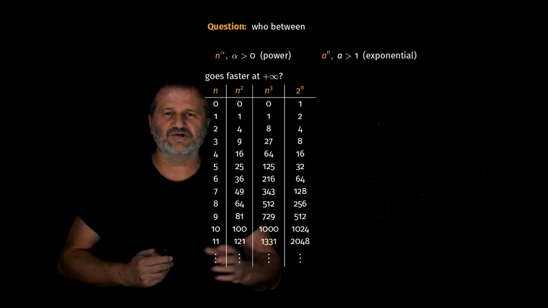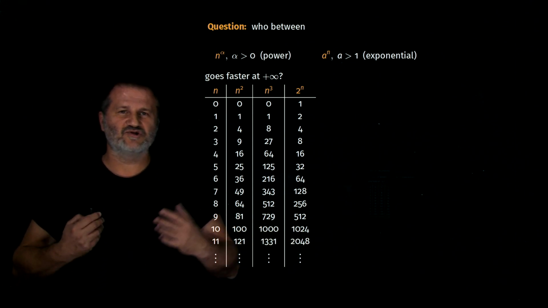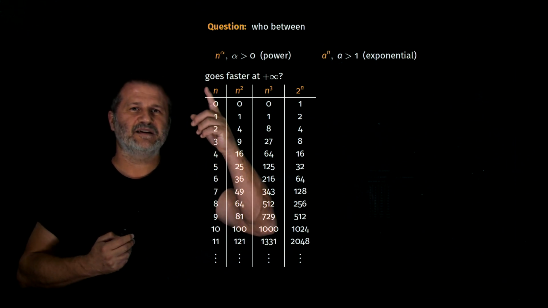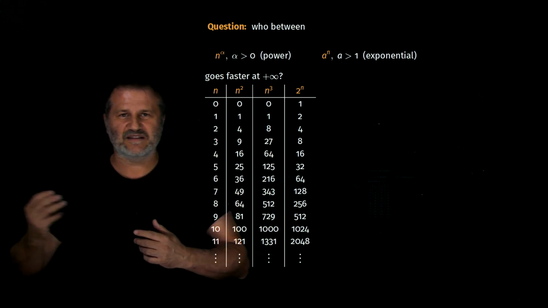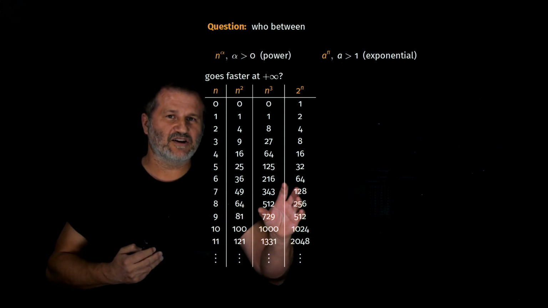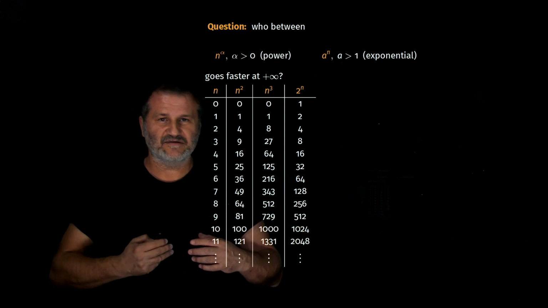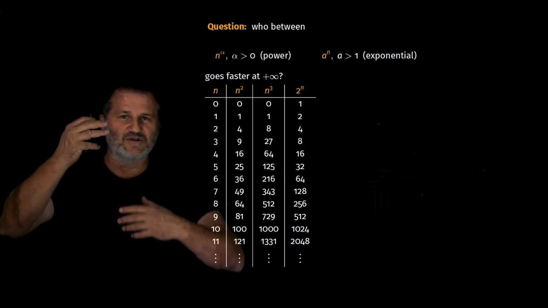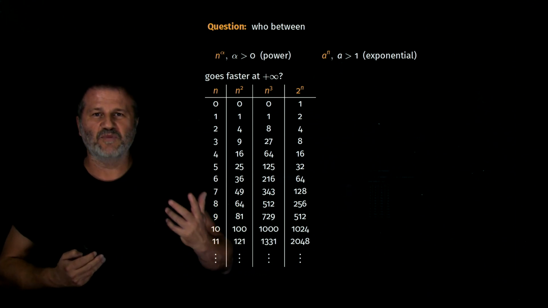This also makes clear what should be the idea of something going faster than something else. We should say that something goes faster if the ratio between the two quantities, the slower over the faster, is small.